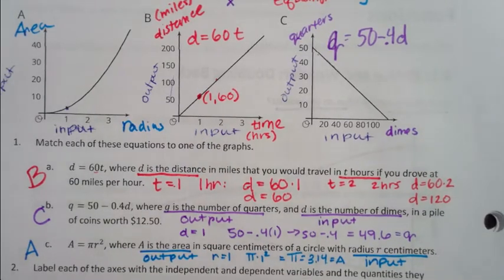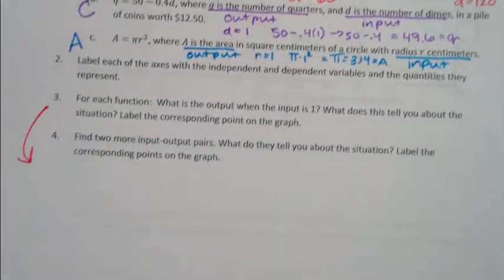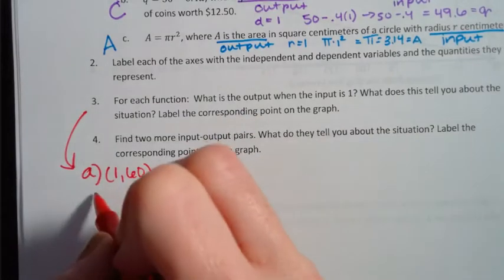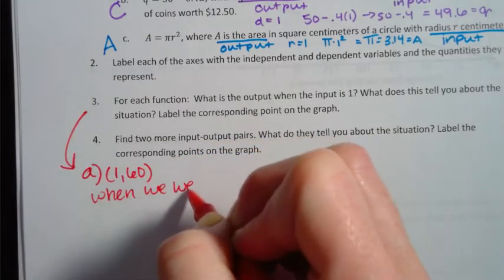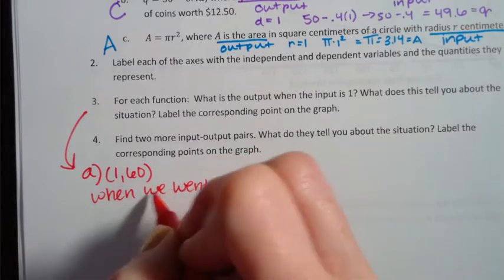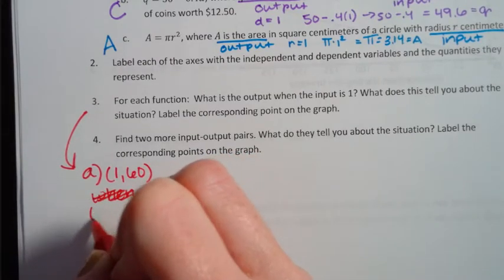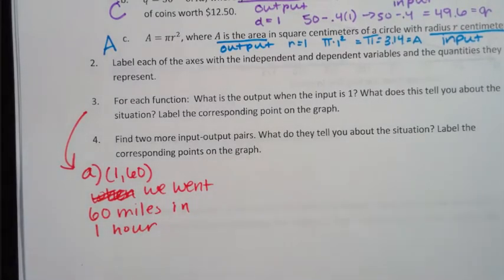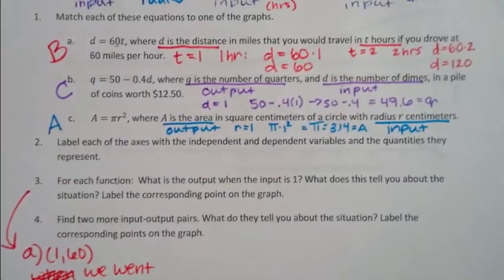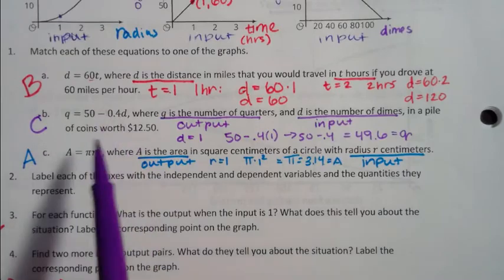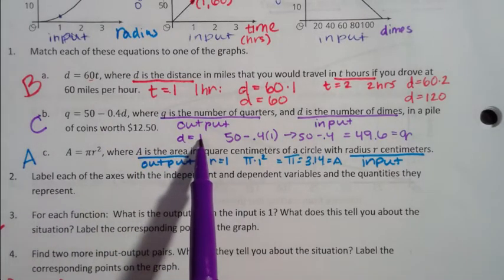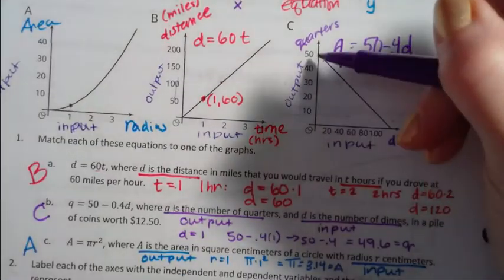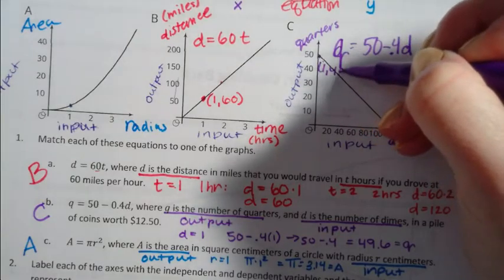Okay, so we're going to answer 3 kind of below here. So for A, 1, 60 means we went 60 miles in 1 hour. Okay, now part B, here in purple, when our input, the dimes, was 1, the output was 49.6. And if we looked here, input was 1, 49.6.